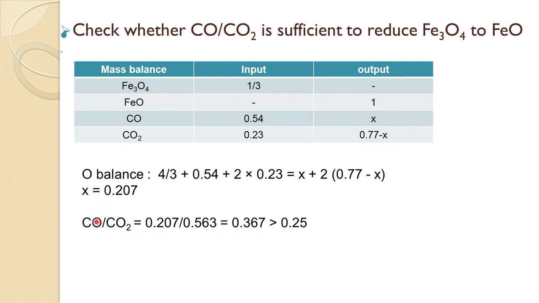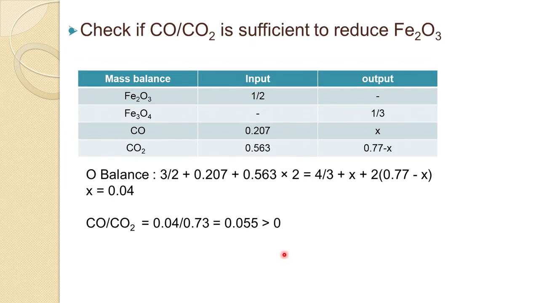And when we look at the CO2 ratio, it's about 0.367, which is greater than what is required. So that even this CO2 ratio is sufficient to reduce the magnetite into FeO, and certainly then it would be possible even to reduce the hematite into magnetite.